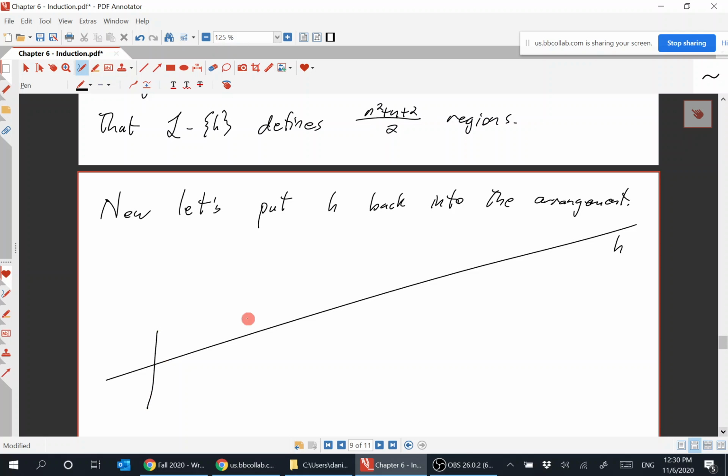Right? So you've got one of those lines, another one, another one, and so on and so forth to the last one. So you have these many intersection points.